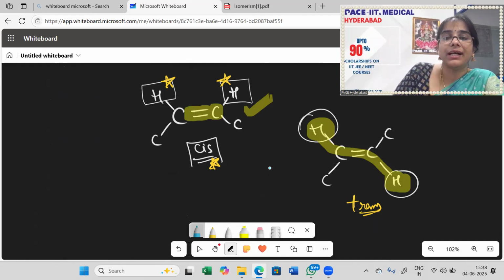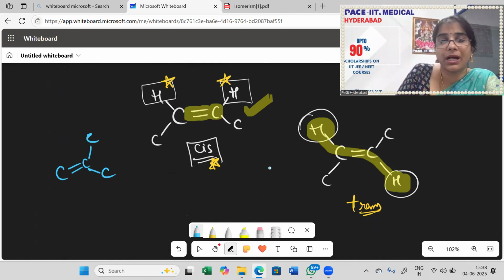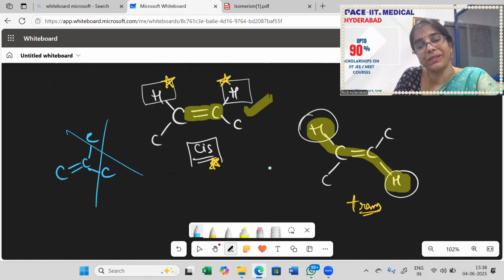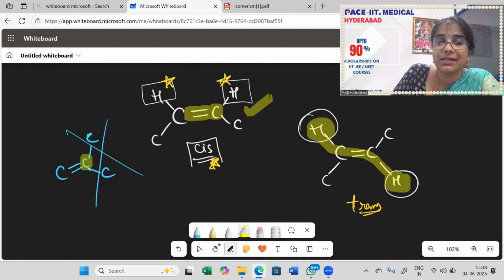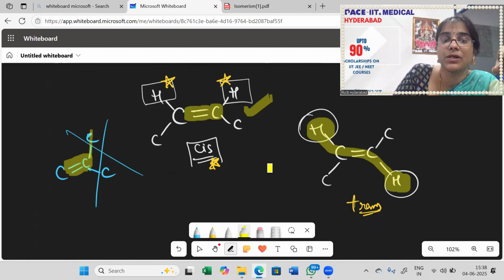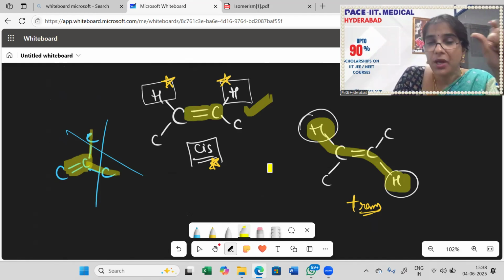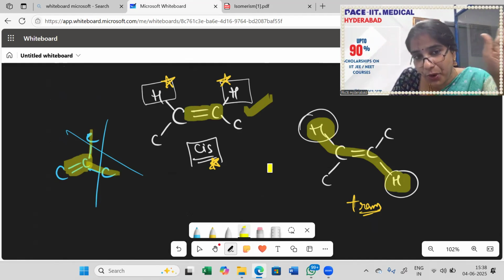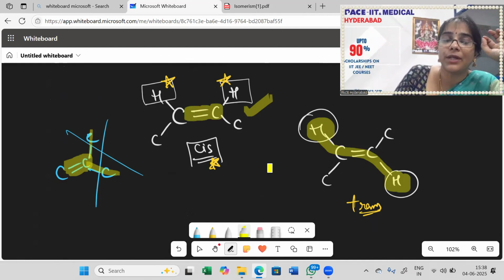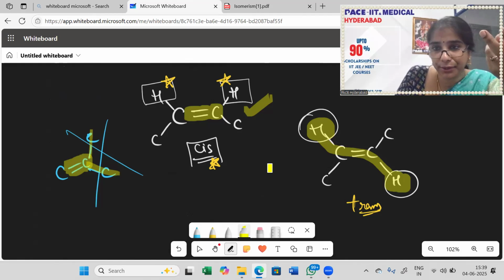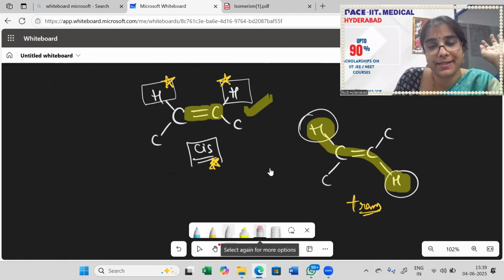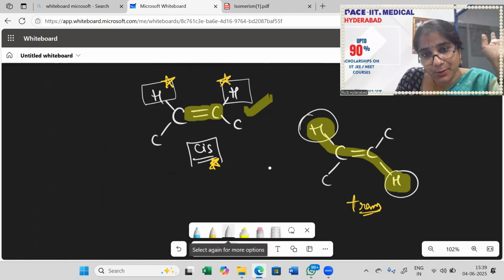Like if I have carbon double bond carbon, and here also carbon, here also carbon, then this site will not show the geometrical isomerism, because this double bonded site, as you can see for the blue ones, has the same groups on the side, so it is not possible. Which means the double bonded carbon, the restricted site, should have two different groups attached. Then yes, we can see the isomerism here. So this is cis-trans isomerism.